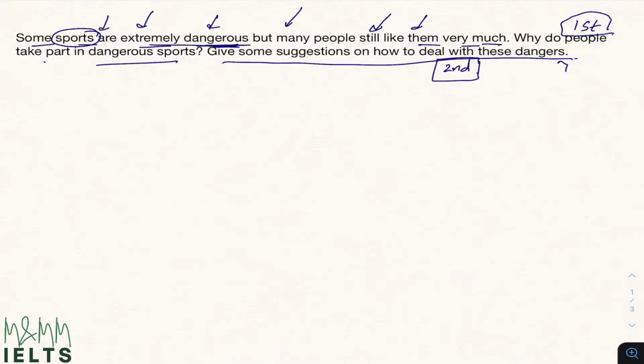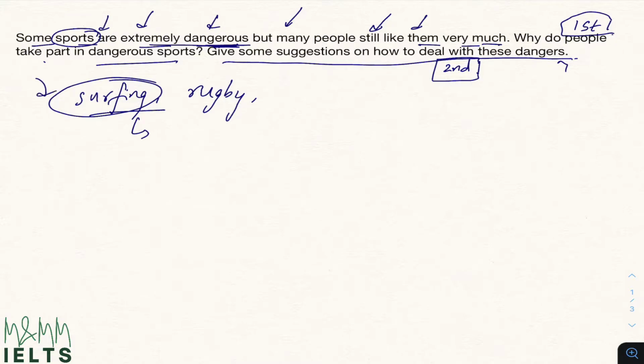So every individual will have their own different opinion. According to me, surfing, rugby, or pretty much any water sports, because I've got a fear of water. So according to me, any sports that involve water are extremely dangerous, whereas some people might feel different, right? Because we're all individuals, we're all different people.